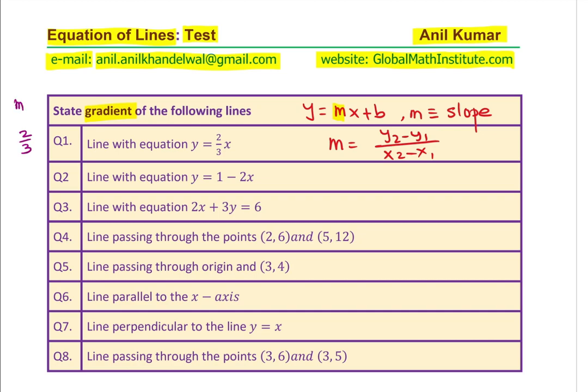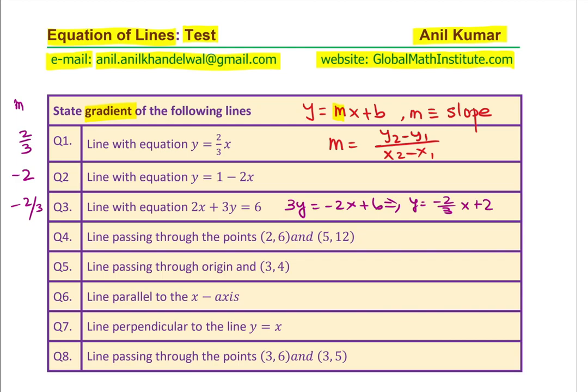In the second equation, it is minus 2, right? In the third, when you rearrange, what should you get? Well, 3y you need to isolate, right? So you can write 3y equals to minus 2x plus 6, and then from here you can write y equals to minus 2 over 3x plus 6 divided by 3 will give you 2, and therefore the gradient is minus 2 over 3.